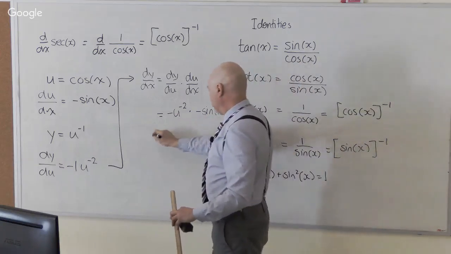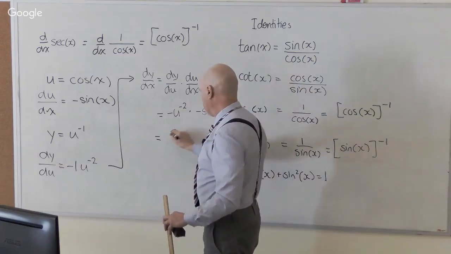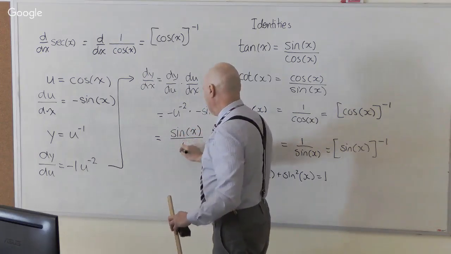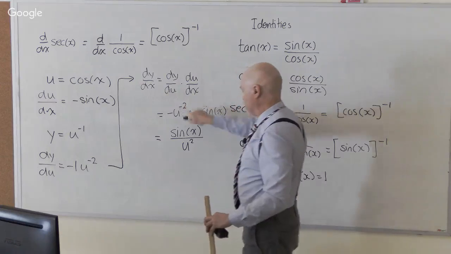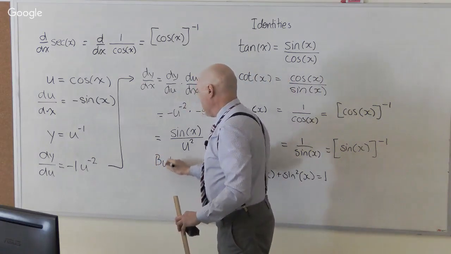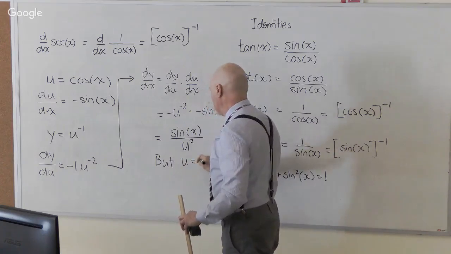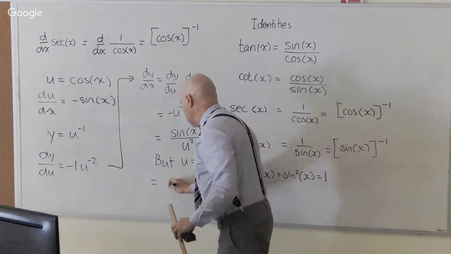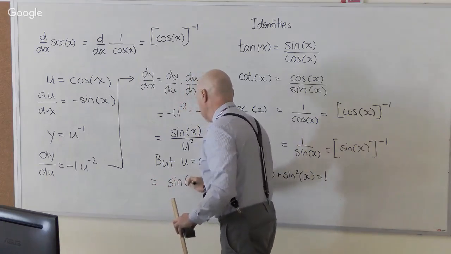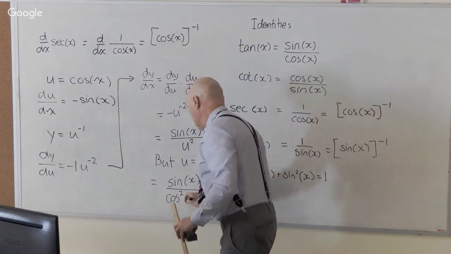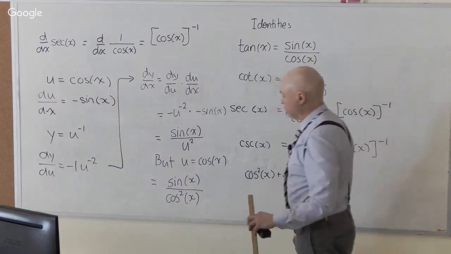These negatives are going to cancel, and just simplifying this a little bit, this is sine x over u squared, because that's a negative exponent there. And just remembering that u is equal to cosine of x, this becomes sine x over cos squared of x.